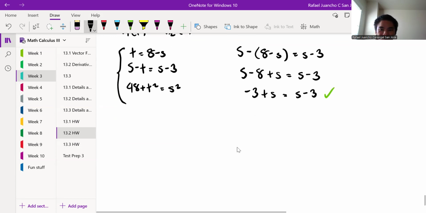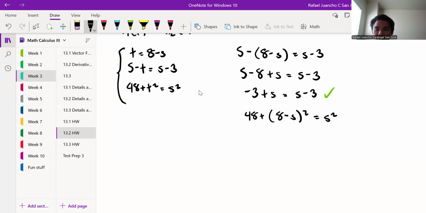Again, we could try plugging the t into this third equation maybe. So we have 48 plus (8 minus s) squared equals s squared.